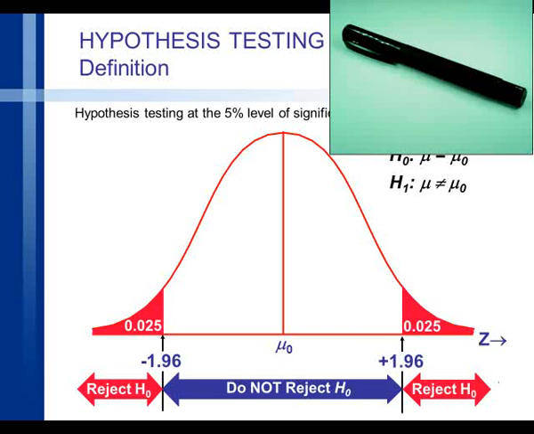If the value that you get from your sample, when you standardize it, falls between these two numbers, then you do not reject the null hypothesis. If it falls outside these numbers, then you reject the null hypothesis. Okay?